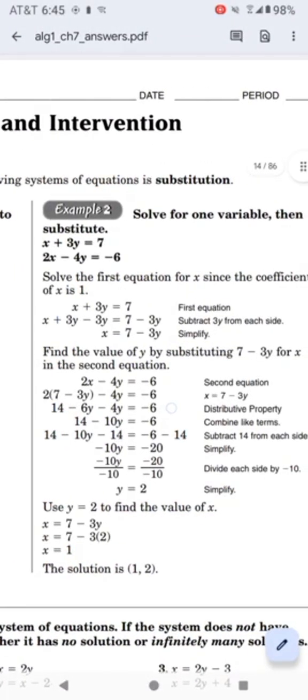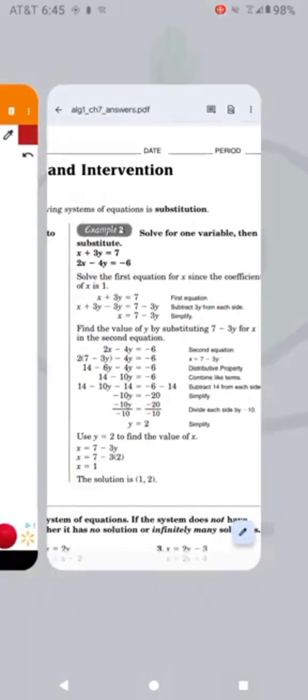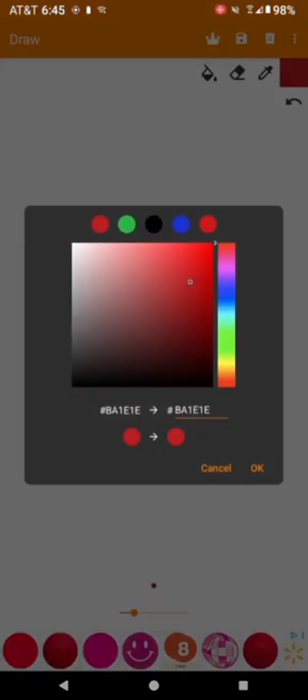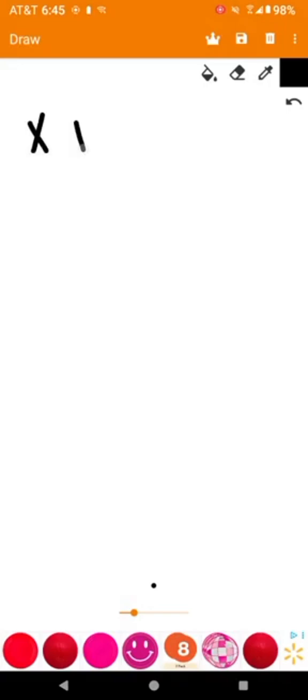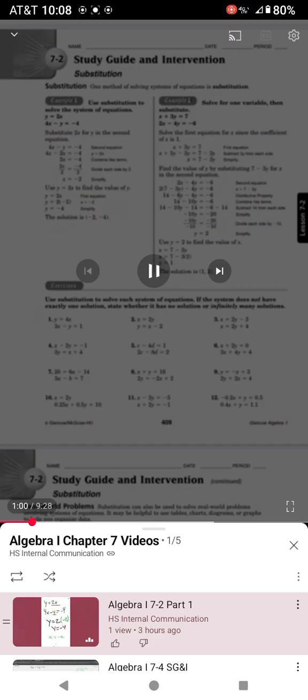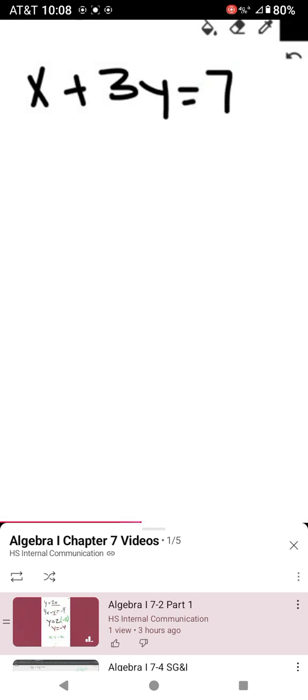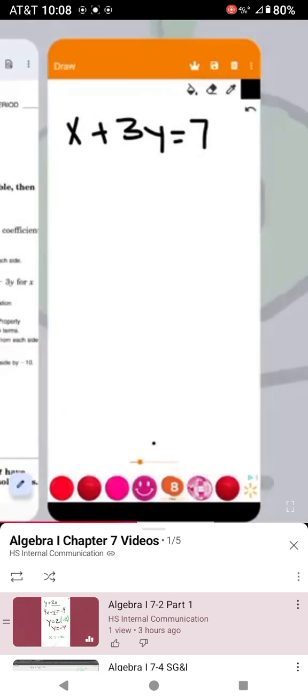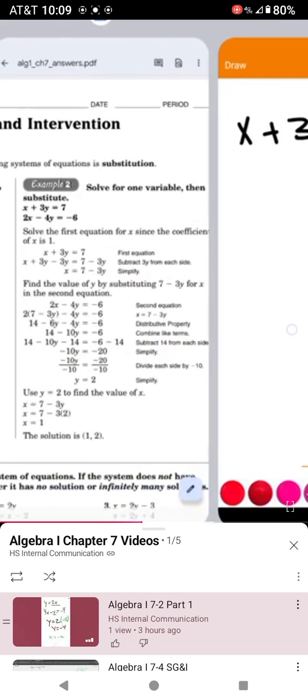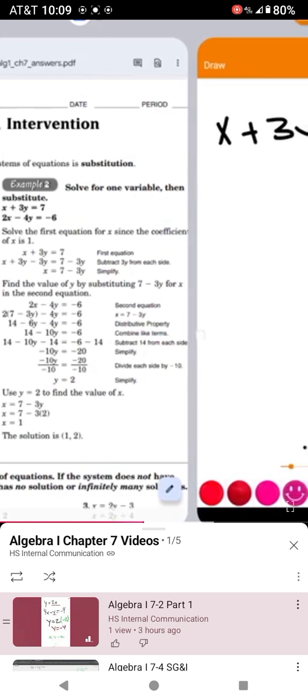So now let's look at an example where it doesn't already have it set up. Alright, so let's look at an equation where we have to make something set equal to something because it's not already that way. So in the last one we had y equals 2x, I think it was.